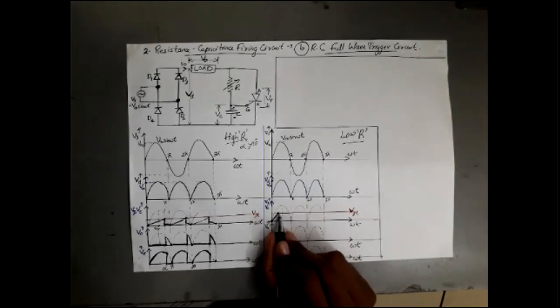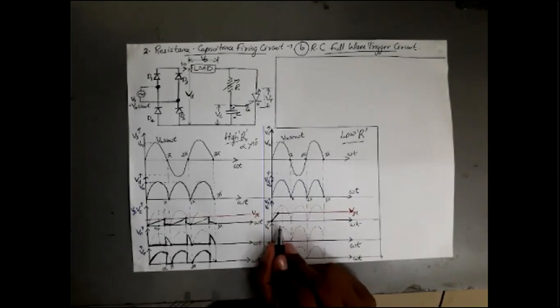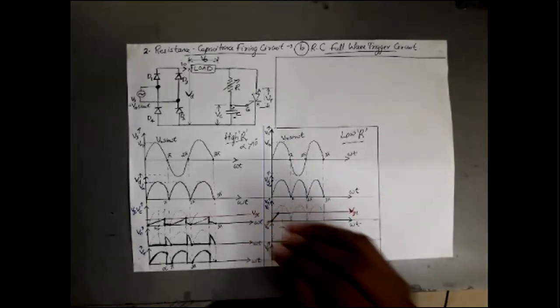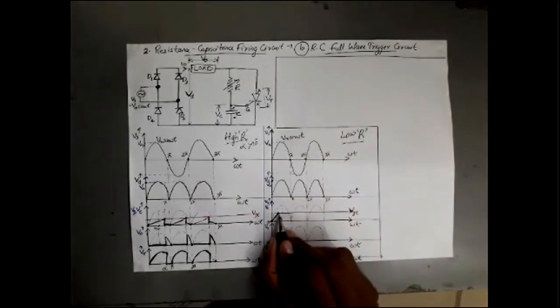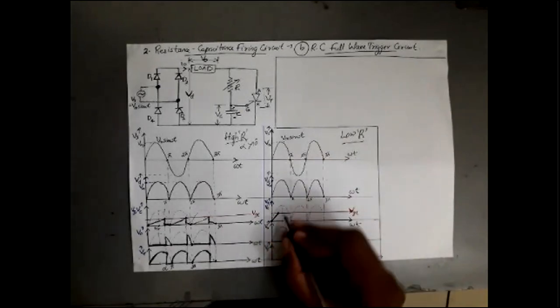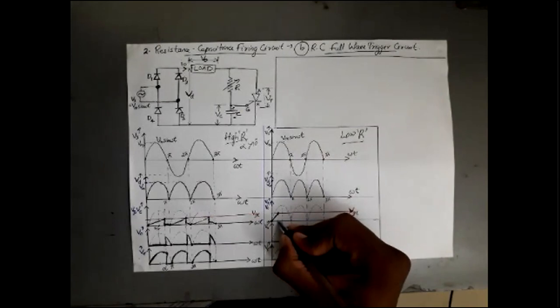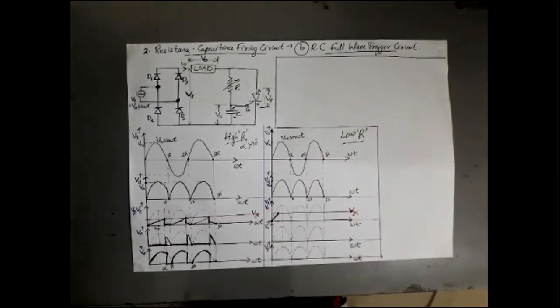My Vc has now become equal to Vgt before omega t is equal to 90 degree. Clear? Before omega t is equal to 90 degree, my thyristor starts conducting when my Vc becomes equal to Vgt. That angle is called firing angle alpha. Now in this case, this firing angle alpha is less than 90. Hope it is clear for you.